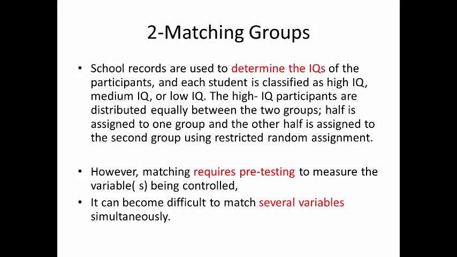Matching groups is when you match your experimental and control group in terms of specific variables. For example, you match based on their IQ. For each high IQ in the experimental group, you have another high IQ in a control group. For each boy in experimental group, you have a boy in control group.